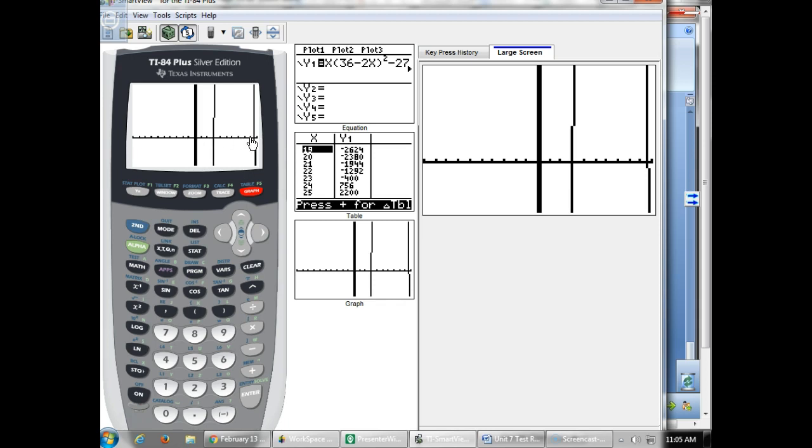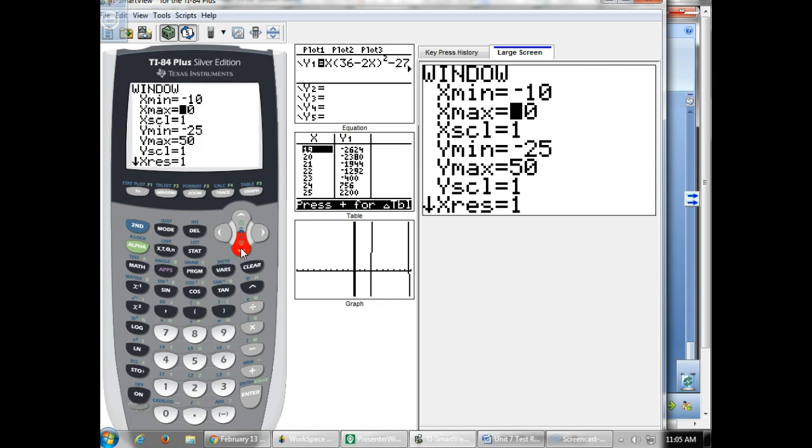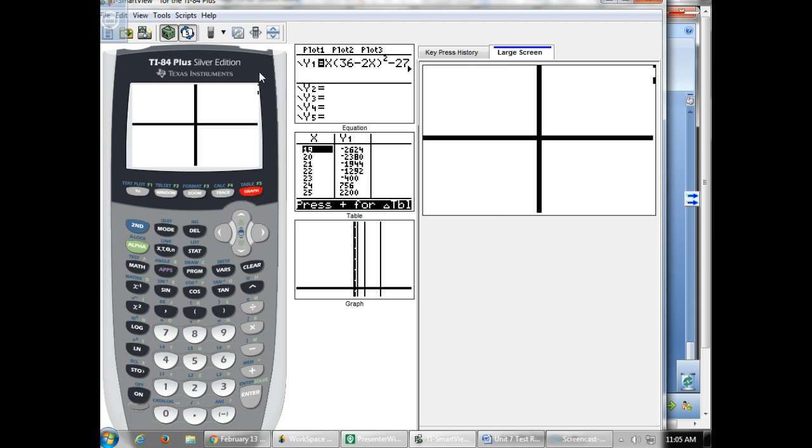Our domain is in this region right here, right? Okay, so let's see. I'm just not happy with this. Let's do -50. I'll change that. For the x or for the y? For the x? Okay. This might work too, but probably not. Okay, so what's going on here?